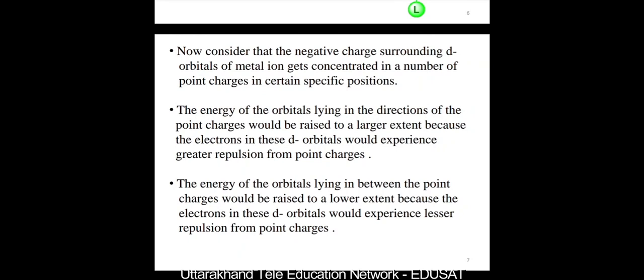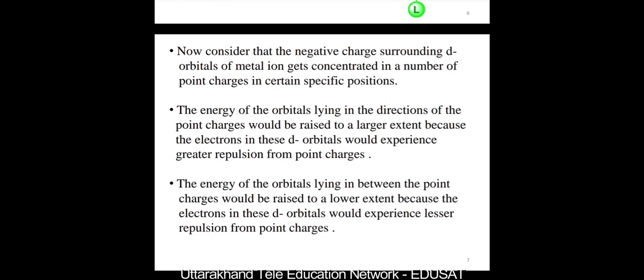The energy of the orbitals lying in the direction of the point charges would be raised to a larger extent than that of the orbitals lying in between the point charges, because the electrons in the former type of d orbitals would experience greater repulsion from point charges than the electrons in the latter type of d orbitals. This means that some of the d orbitals would get associated with a higher energy than the other d orbitals.